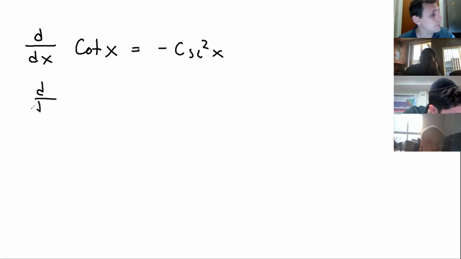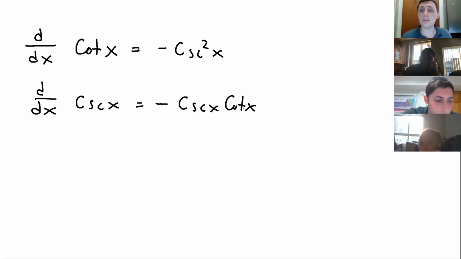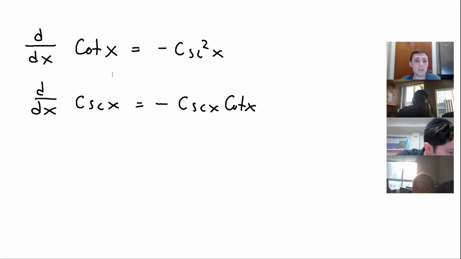The derivative of cosecant x is going to be minus cosecant x cotangent x. And have I missed any functions? I don't remember. I think those are the ones that I missed. But there are 6 altogether. Now let's return to the notes and see what else is here.